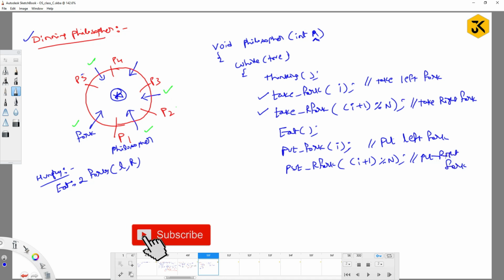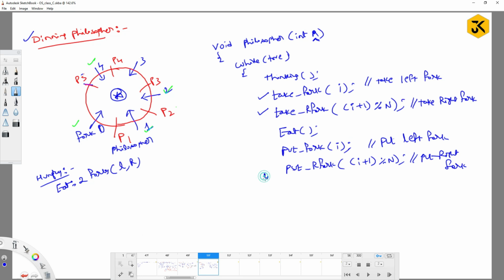Hope you are understanding, right? Why have I taken I plus 1 modulus n here? Suppose for example, the forks are numbered 0, 1, 2, 3 and 4. Next, for this person, what is the fork number here? 0. 4 plus 1 modulus 5 is what? 0. That's why I have taken I plus 1 modulus n.